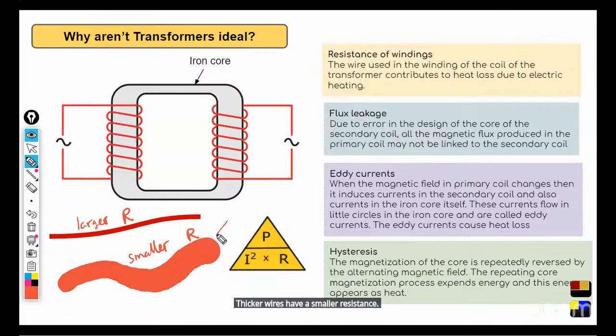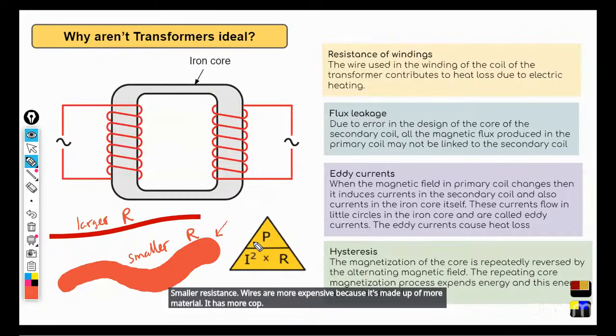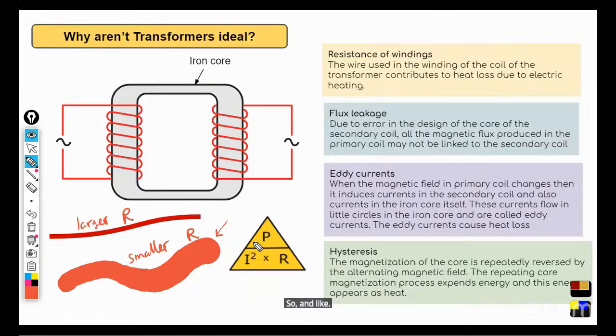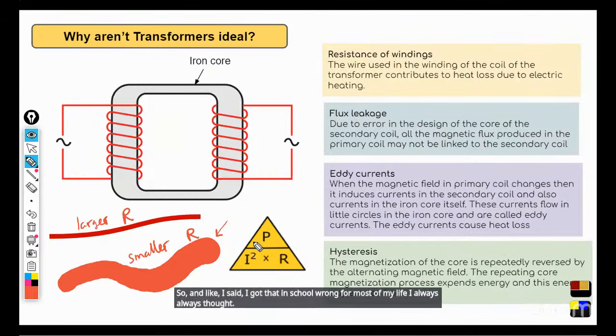That is why smaller resistance wires are more expensive, because they're made up of more material. They have more copper in them. Like I said, I got that wrong in school for most of my life. I always thought the smaller the wire, the smaller the resistance, when it was actually the other way around.